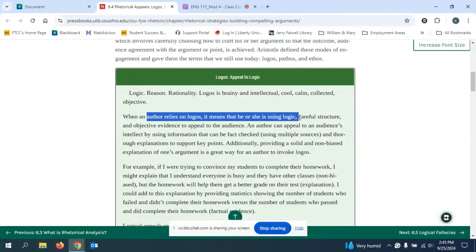They might just use logical reasoning, like if you're talking to your friend about something, and you might not present data or evidence in that manner, but you could use reasoning to try and get them to agree with you, where you say, listen, what you're saying doesn't make any sense, because X, Y, and Z. And then you try and convince them to see the logic that you're using.